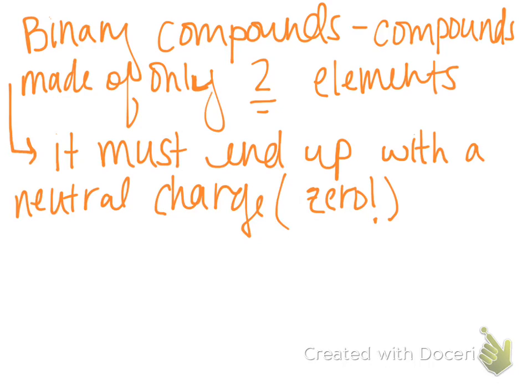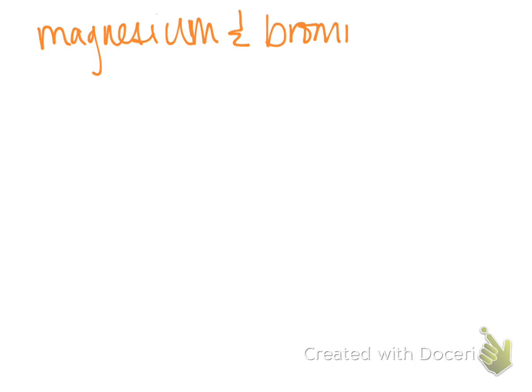Let's try, this chapter is all about just doing the problems. Okay, so we're going to start with a combination between magnesium and bromide. So first thing you do is just write out your individual elements and their charge.